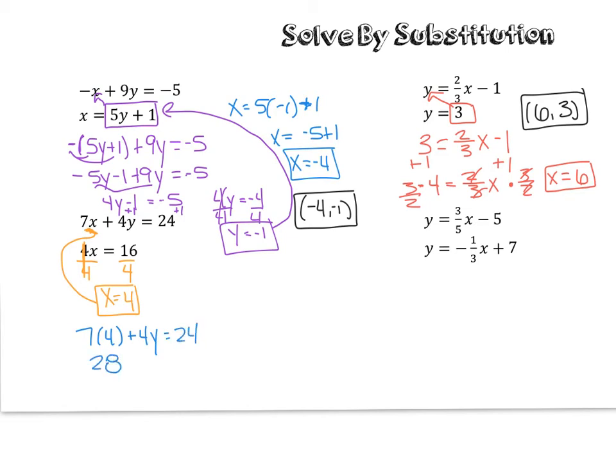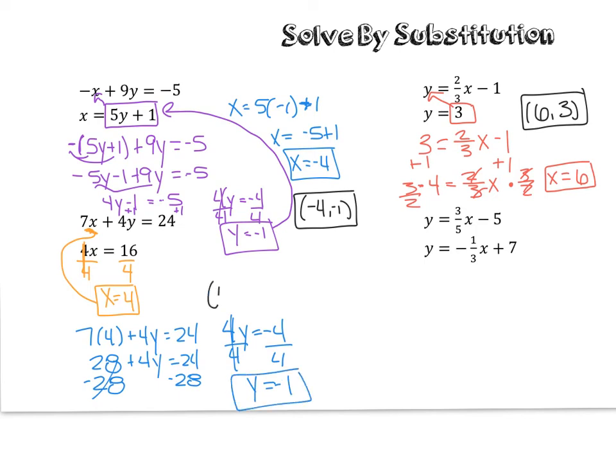So 28 plus 4y equals 24. Subtract 28 from both sides. 4y equals negative 4. Divide both sides by 4, and y equals negative 1. So the answer is always a coordinate, (4, negative 1).